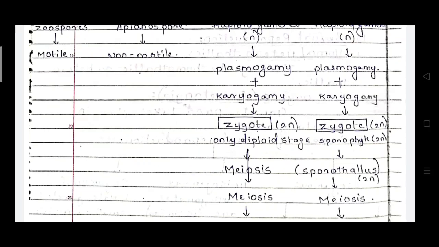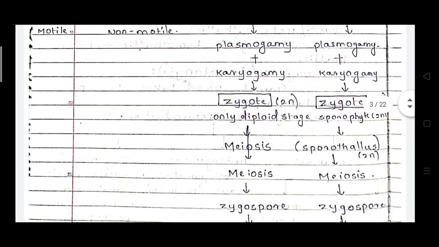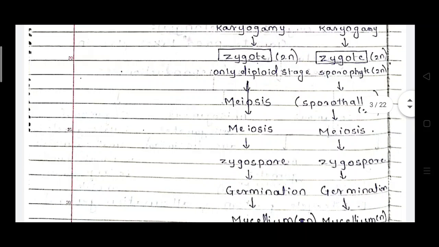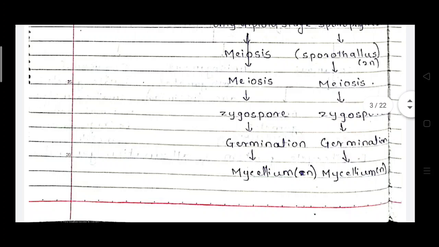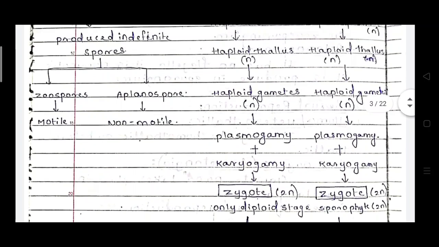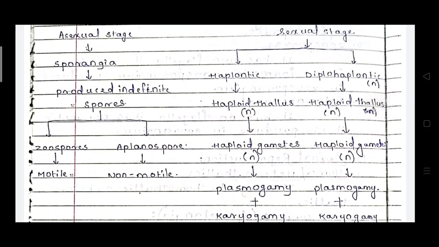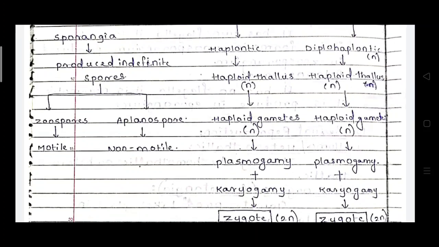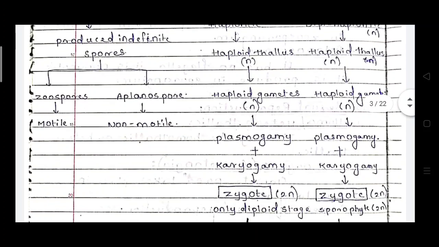Diploid मतलब 2n रहते हैं, haploid मतलब single n. So in the zygote, after meiosis, they produce the zygospores. The zygospore germinates and forms the mycelium. In diplohaplontic, the thallus will produce the gametes.